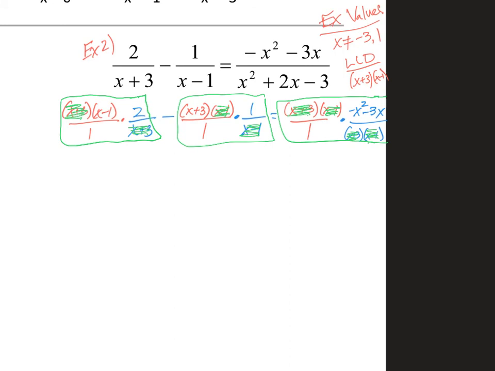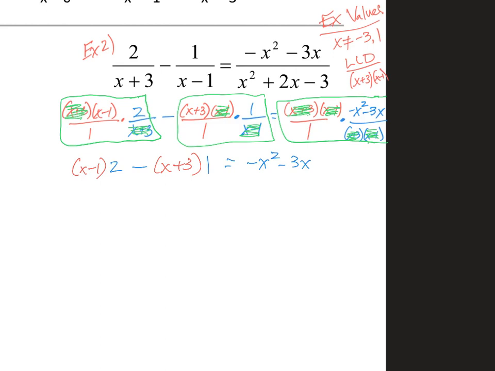All right, so what do I have left here? I have an x minus 1 times 2 minus an x plus 3 times 1 is equal to negative x squared minus 3x, it looks like.